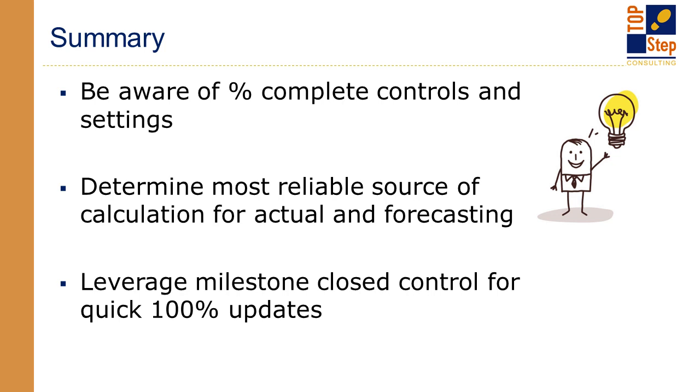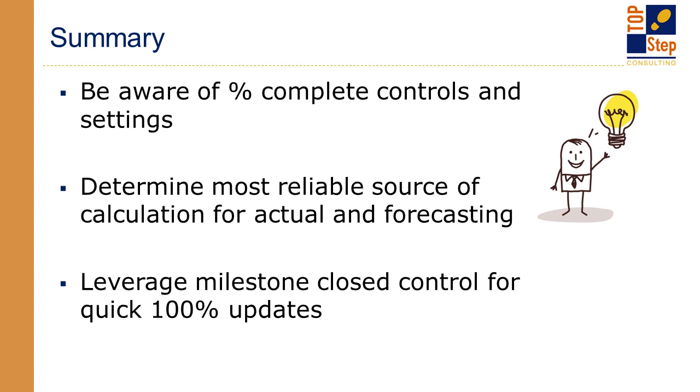So in summary, and again, just some of the high-level best practices, things to remember: being aware of the percent complete controls and settings. There are a lot, and it certainly can turn into a deep hole. So don't get so far down and start going switch happy, especially.